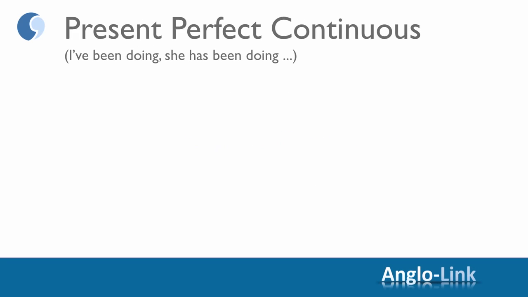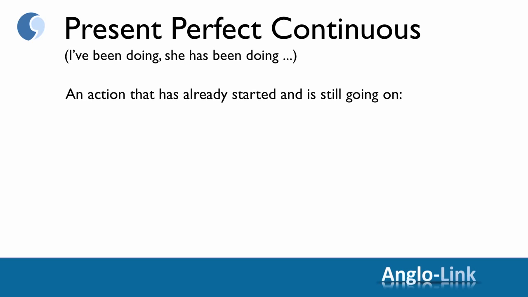Okay, moving on, the next tense we looked at was present perfect continuous. I've been doing, she's been doing, etc. As you will remember, this is about an action that has already started and is still going on.